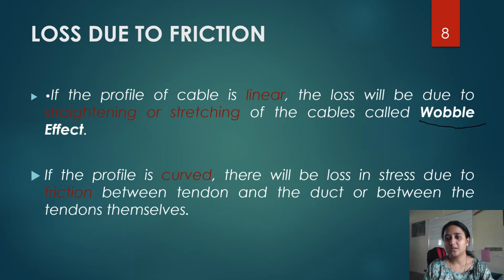Consider, for example, we have kept one thread in a bottle which is open from both the ends. Treat that open bottle as a beam and that thread as a tendon.